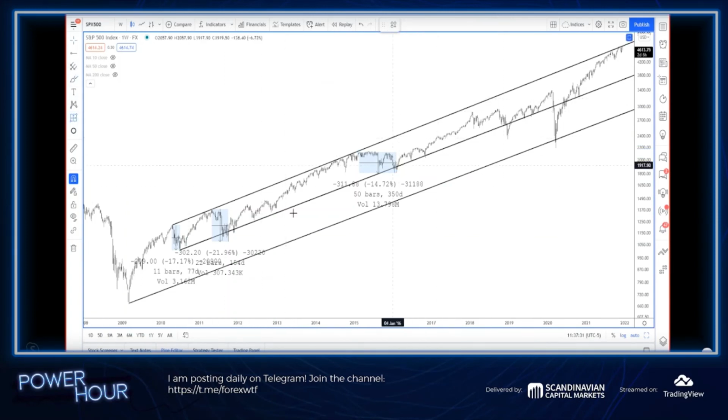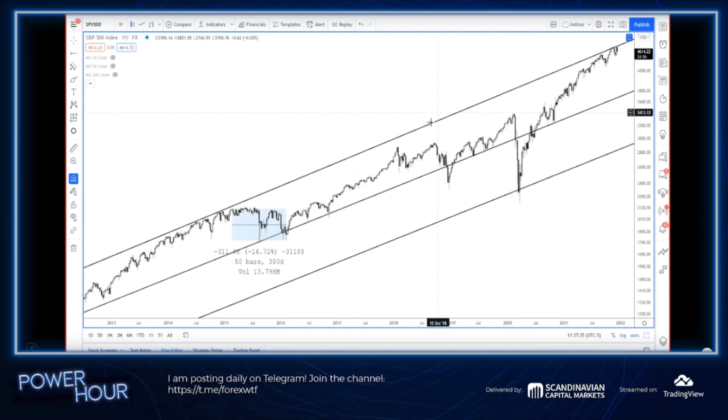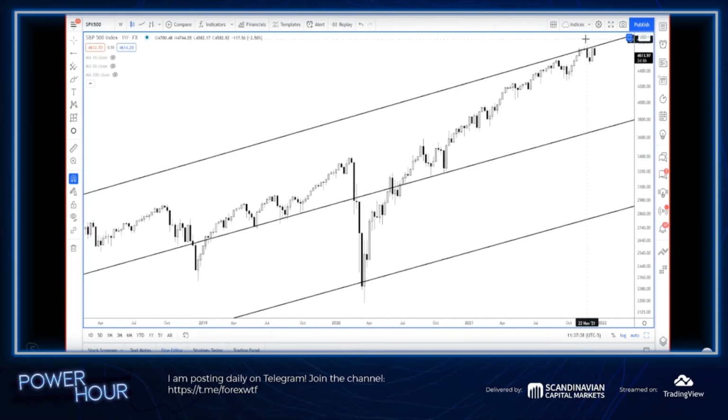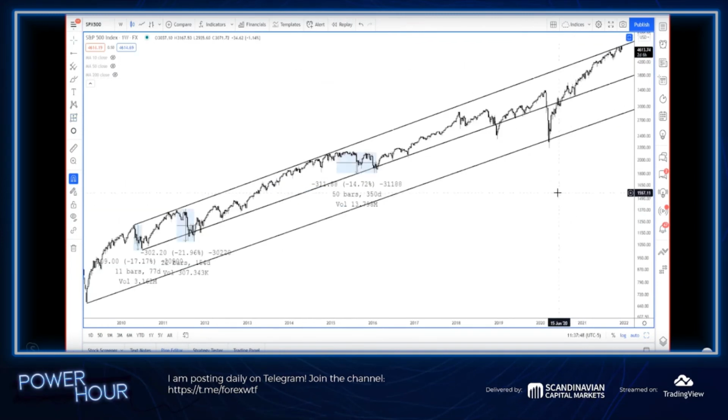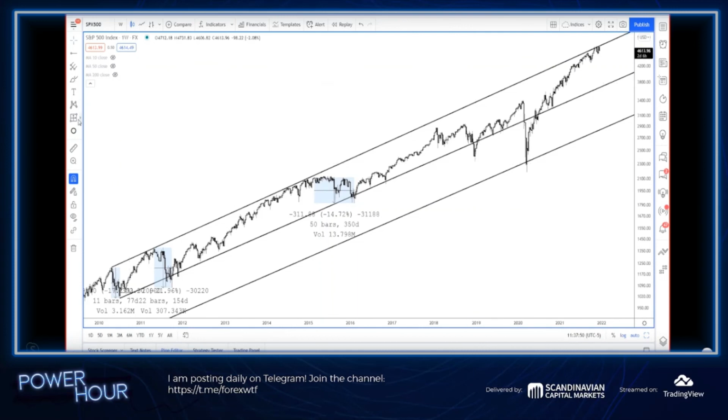All right. So here you go. 17%, 22%, 15%. And so far, we've had a drop of 5%. So if we were to get something on the order of, let's just say 15% or 20%, 20% takes you down to this line, 3780. 15% takes you to 4,000.